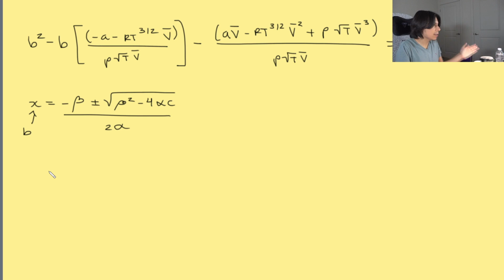So with that in mind, now it's just plugging and checking. I'm going to write really tiny so I can fit this into the page. So b equals the negative b, which is all of this term. So, right. So negative a, but that just reduces to positive a.